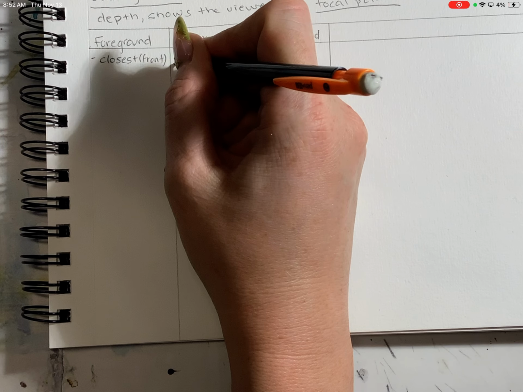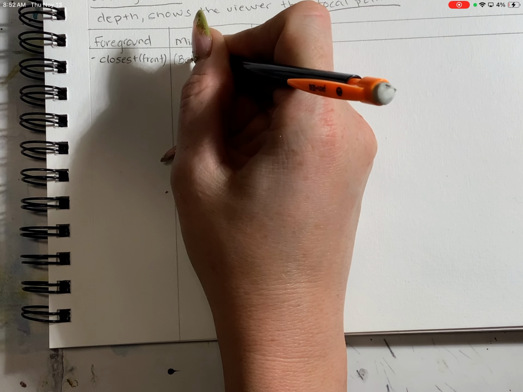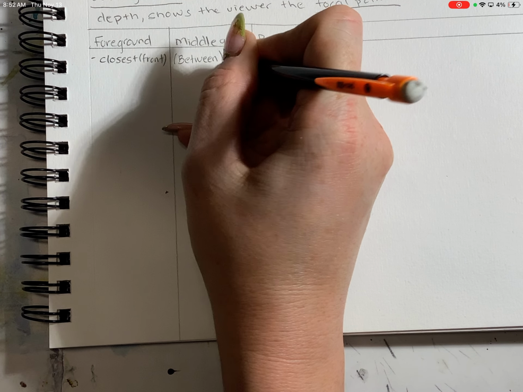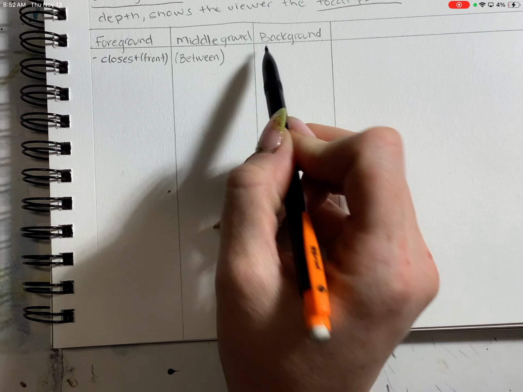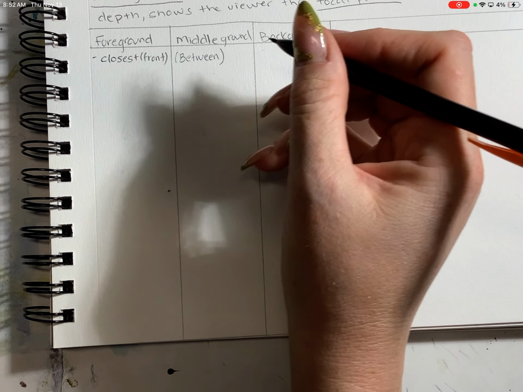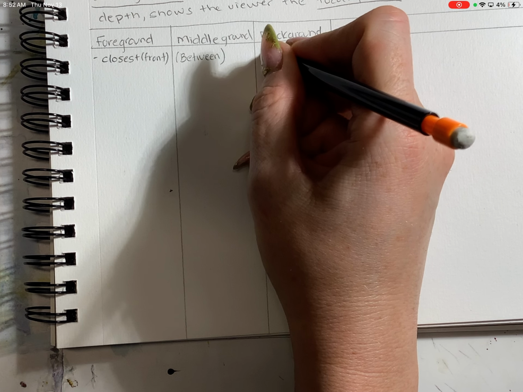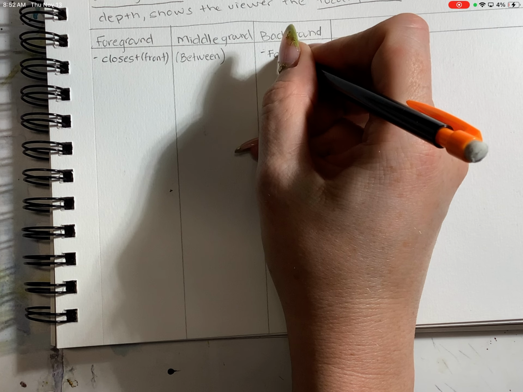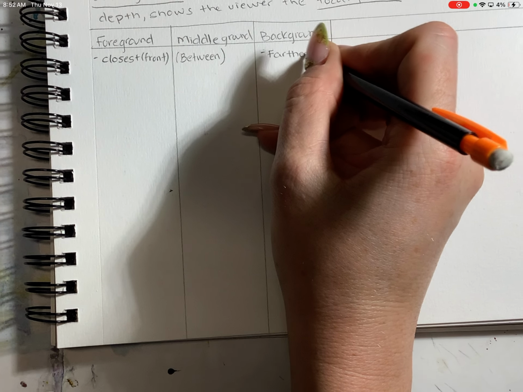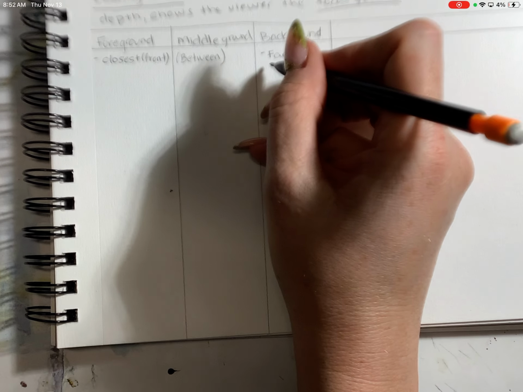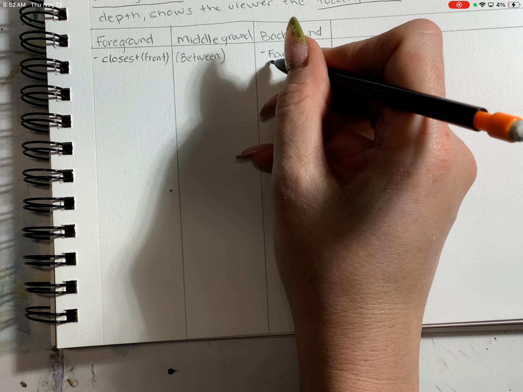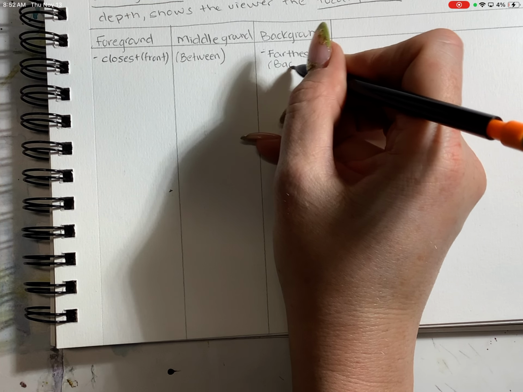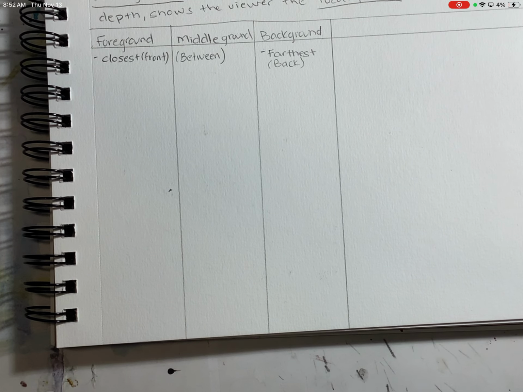Middle ground is everything in between foreground and background. Background will be farthest, or the back of the page, or higher up.